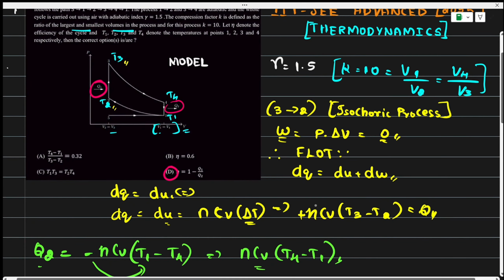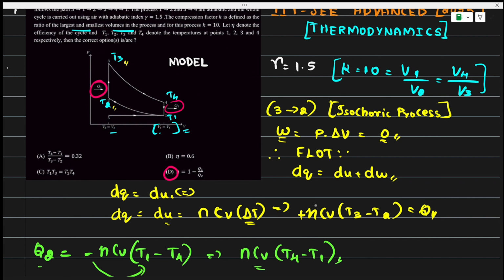Here Q1 is the heat given to the system and Q2 is the heat released by the system. We don't need Q2 here, but we need Q1, because efficiency is defined as the maximum work produced by the cycle or engine for the given amount of heat.